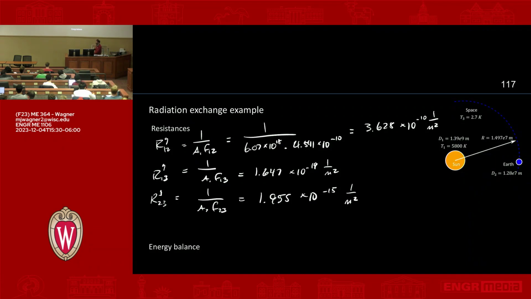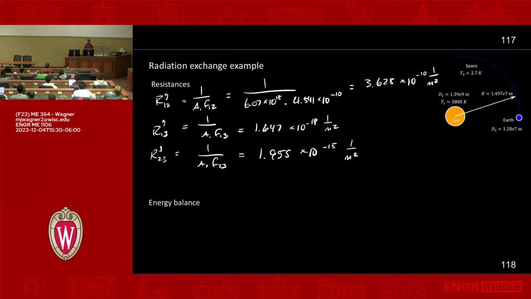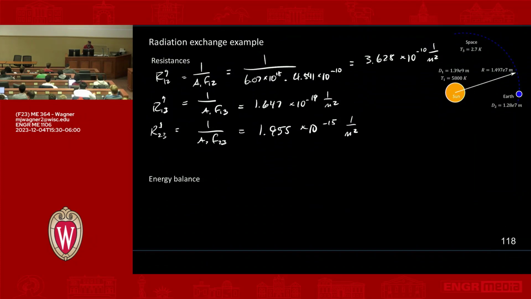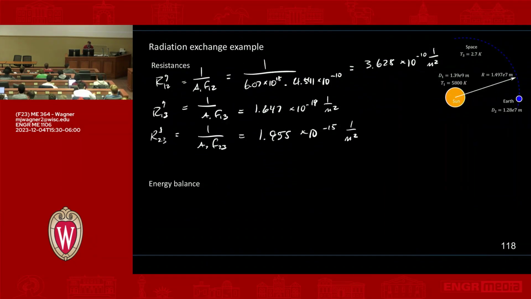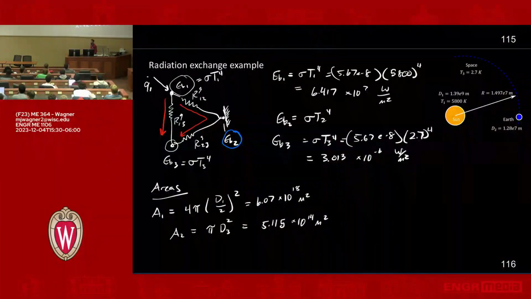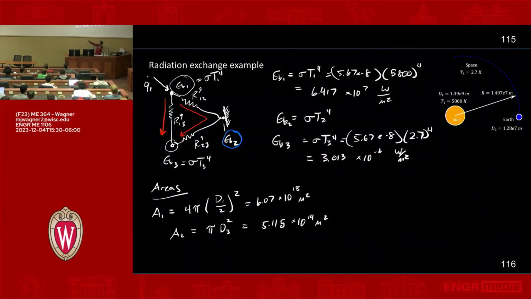Okay. So we have some resistances. We have filled those in. Now we can go back and do our energy balance and actually solve the equation. So first of all, we're referring back to our 3-node network. Sorry, we have this branch that goes from 1 to 3 via surface 2.